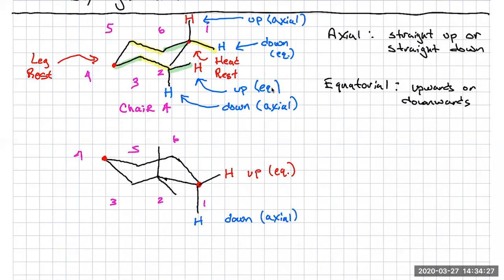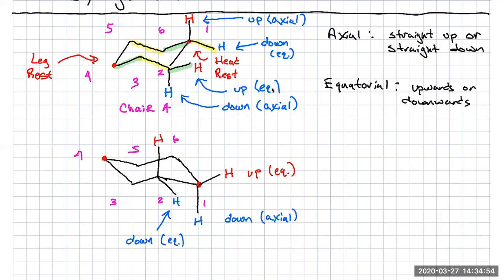And then if we put in the hydrogens at carbon 2, let's start with the red. Carbon 2 had an equatorial up, but now it's axial up. And then the blue will be the down, which is now equatorial. And so if we just label that again, we're going to have here, down, and equatorial.